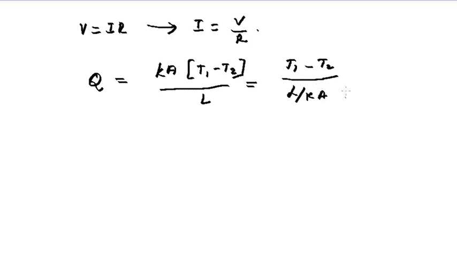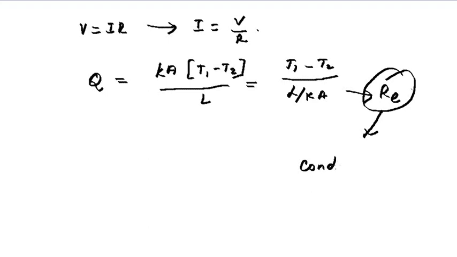So this L by kA is denoted as R. This is nothing but the conductive thermal resistance offered by the material for resisting the heat flow. In case of current, we have a resistance. In case of any material which offers resistance to the heat flow, R is given by L by kA.